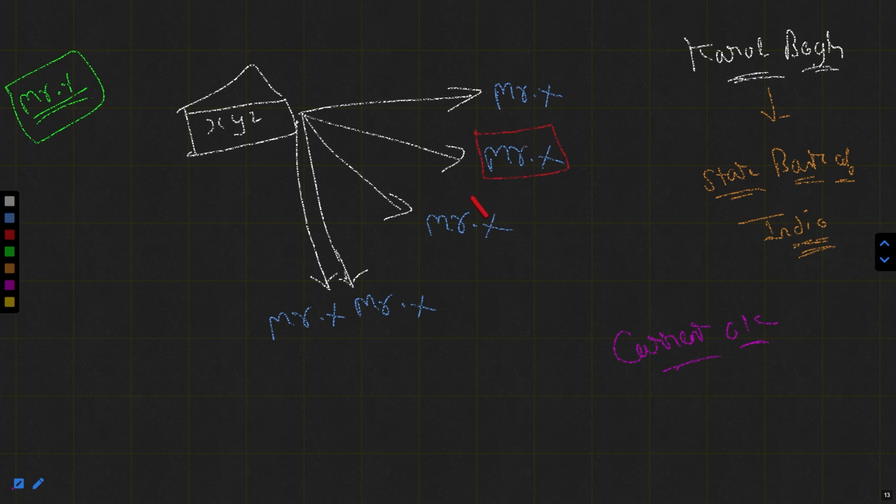This Mr. X. But the bank to which you must send the money has 5 customers named Mr. X in its Karol Bagh branch, the bank is State Bank of India, the account is a current account, and the IFSC code is the same for all. So how will the bank identify which Mr. X you are talking about? This is done by the account number.